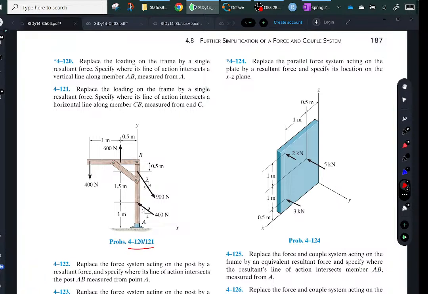Replace the load on the frame by a single resultant force. Specify where the line of action intersects the vertical line AB. Okay, there's AB. Replace the load on the frame by a single resultant load. Specify where the line of action intersects a horizontal line.